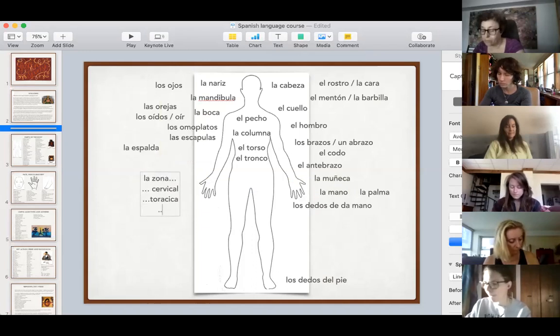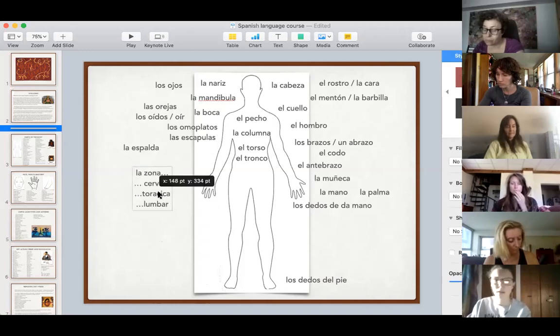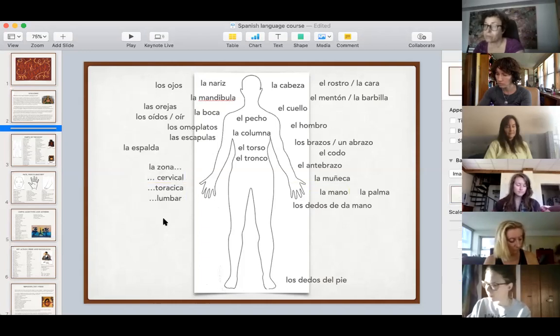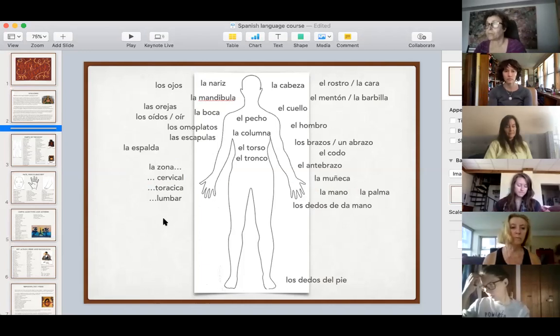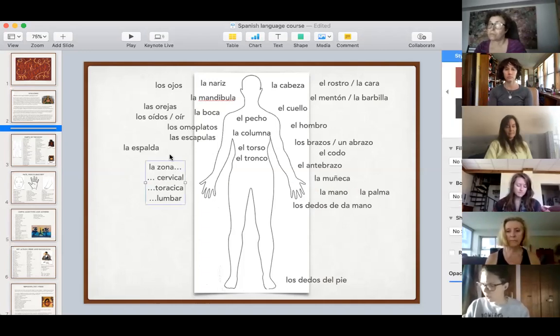And la zona lumbar. Okay, so those are the three areas. So if you want people to engage their lumbar spine, activamos la zona lumbar y abrimos la zona torácica. So engage your lumbar spine and open your thoracic spine.